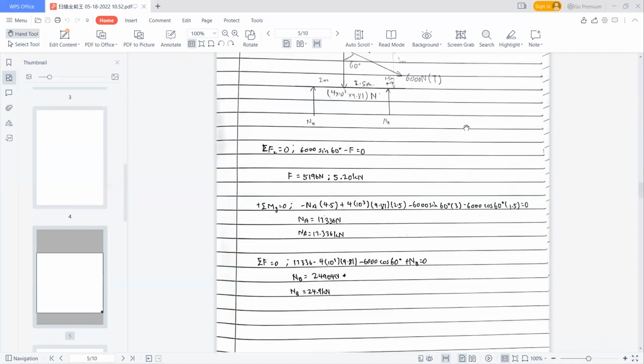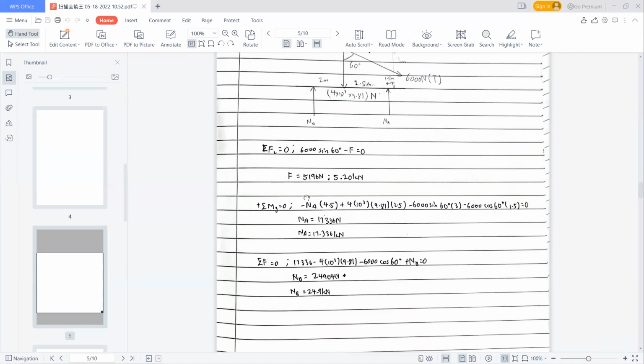So for the sum of Fz equal to 0, we have only sum of Fx and sum of Fy. So sum of Fz equal to 0, and we will use 6,000 sine 60 minus F equal to 0.